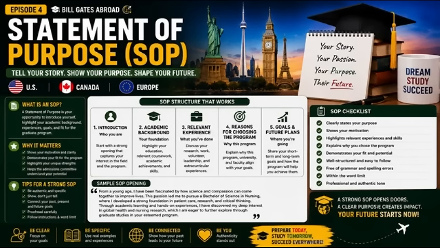So first of all, introduce yourself, as I said, who you are. You start with a strong opening that captures your interest in the field and the program. The second is your academic background, where you highlight your educational background and the relevant coursework that you did that really fits the graduate program you want to do.